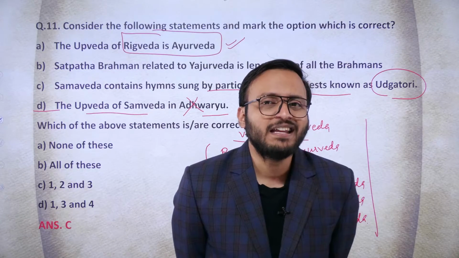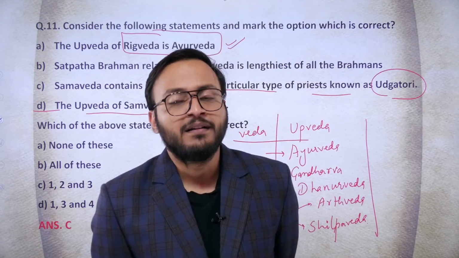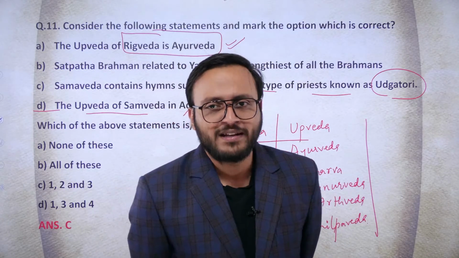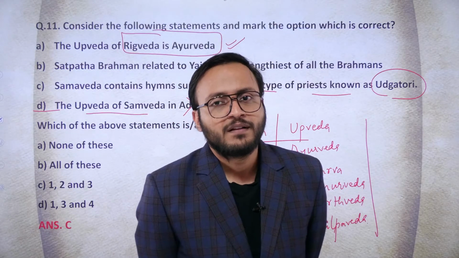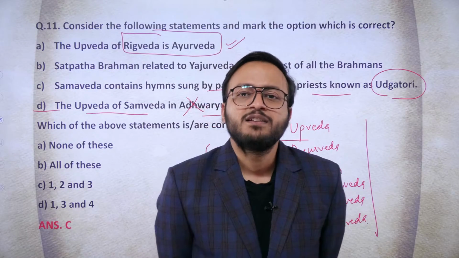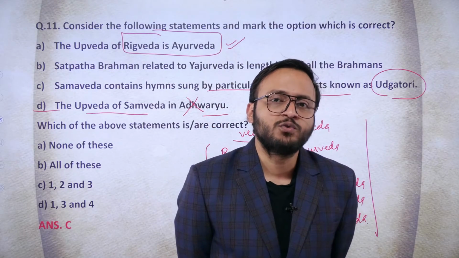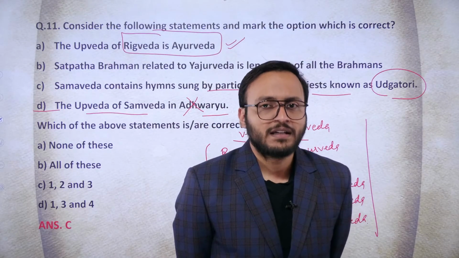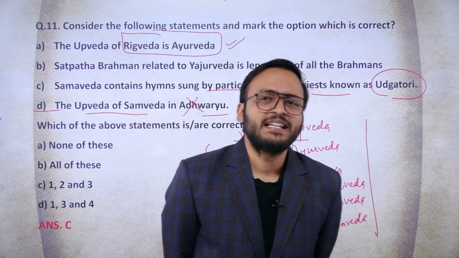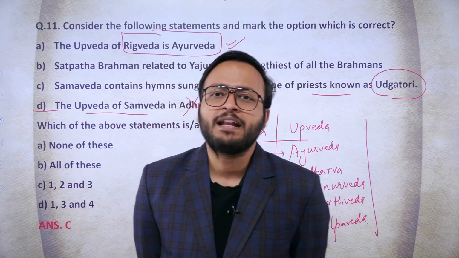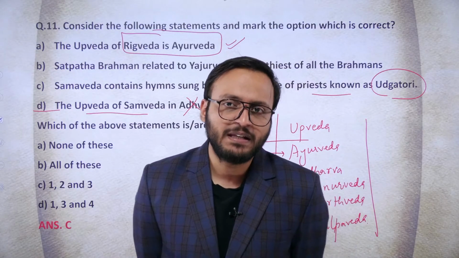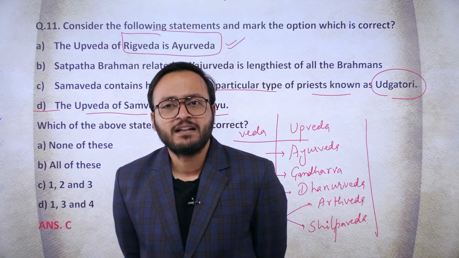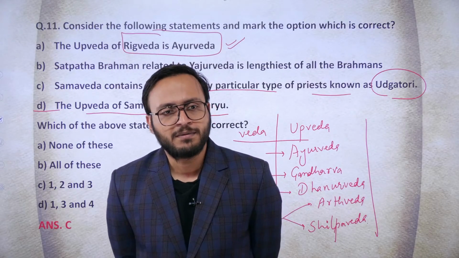So basically this Brahman describes about the expansion of the Rigvedic tribes during the 1000 BC towards the eastern plains, towards the eastern parts of the Gangetic plains. So we can say that this was probably written during the beginning phase of later Vedic period, and it has the lengthiest structure among all the Brahmans.